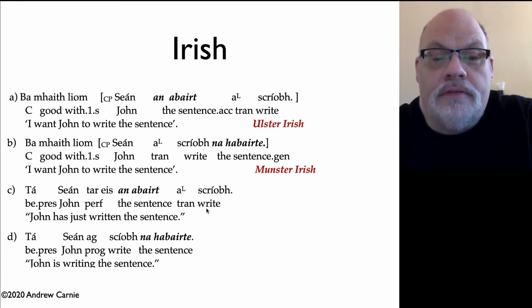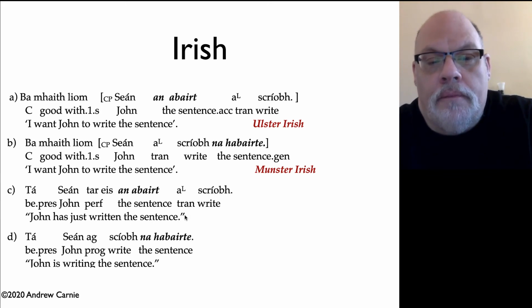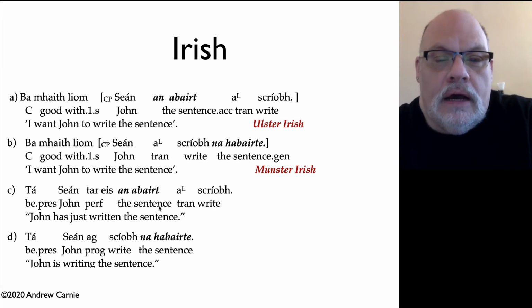This pattern is replicated in all dialects of Irish when you compare different aspect markings. In this third sentence, C here, you will notice that we have object, verb order, both of which follow this perfect marker.